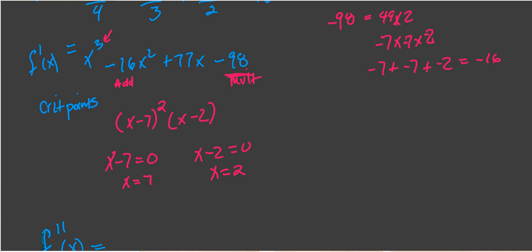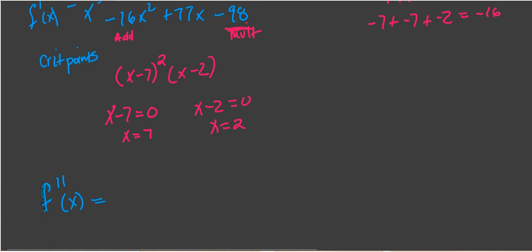So we want to take the derivative from this point here. This would give us 3x squared minus 32x plus 77.